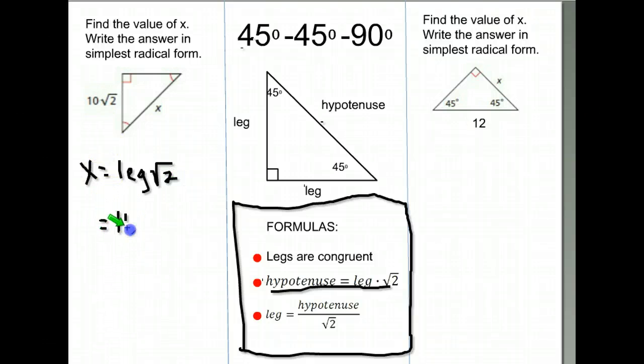Okay, my leg was 10 root 2. That's my leg part. And I'm going to multiply that by the square root of 2. Now you can do that on a calculator if the simplifying isn't as fun, but make sure you put both root 2's in there: 10 times the square root of 2 times the square root of 2.